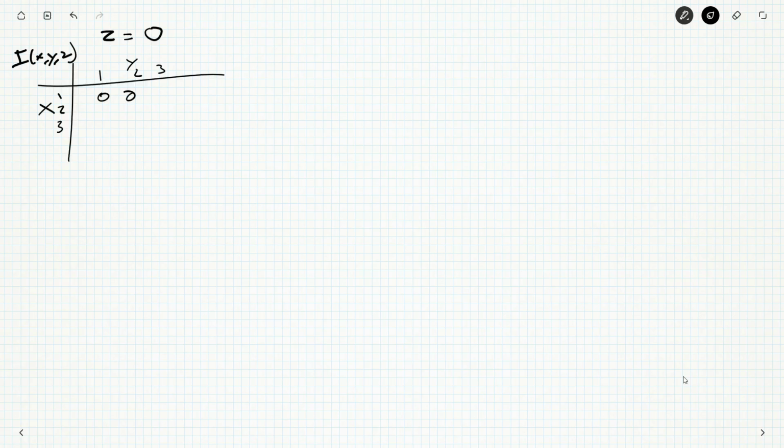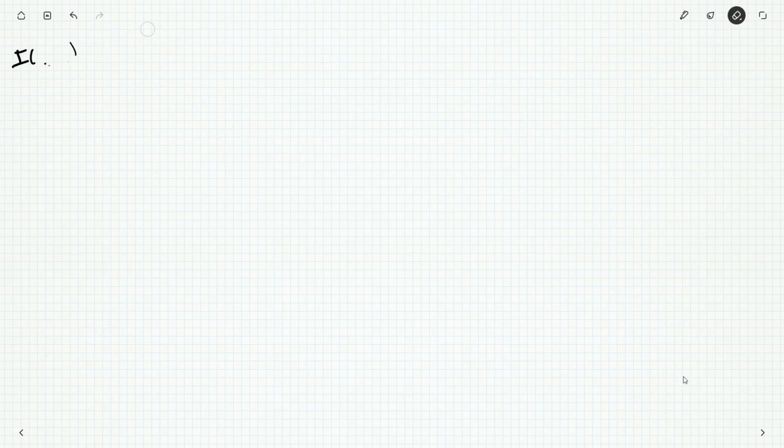Or sorry, z, y, and x. I forgot the order that we do this in. But those are all going to be nothing because z needs to be equal to 1, and if z was equal to 0, the chart wouldn't fill because it would be just full of 0. So no point in having that.